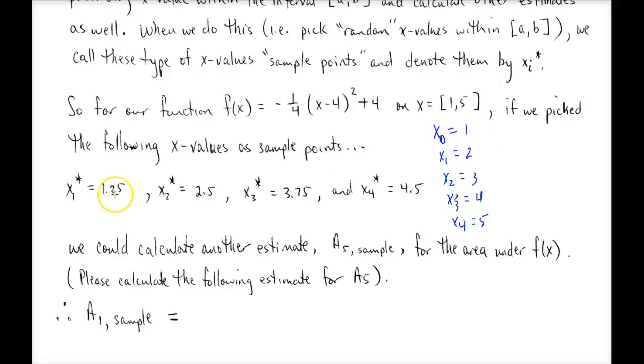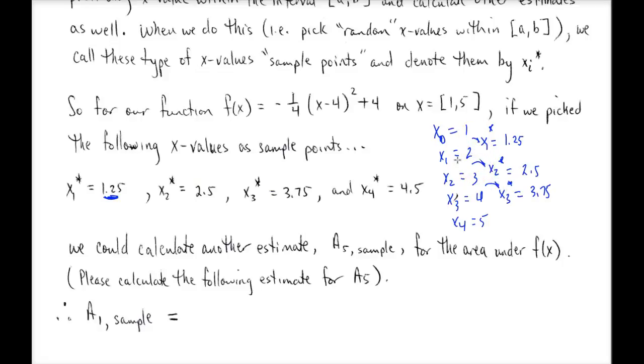And if you notice here, the first x value, x 1 star, is in between x sub 0 and x sub 1. The next one, x 2 star, is in between x sub 1 and x sub 2. And x 3 star is going to be strictly in between x sub 2 and x sub 3, and so on and so forth.